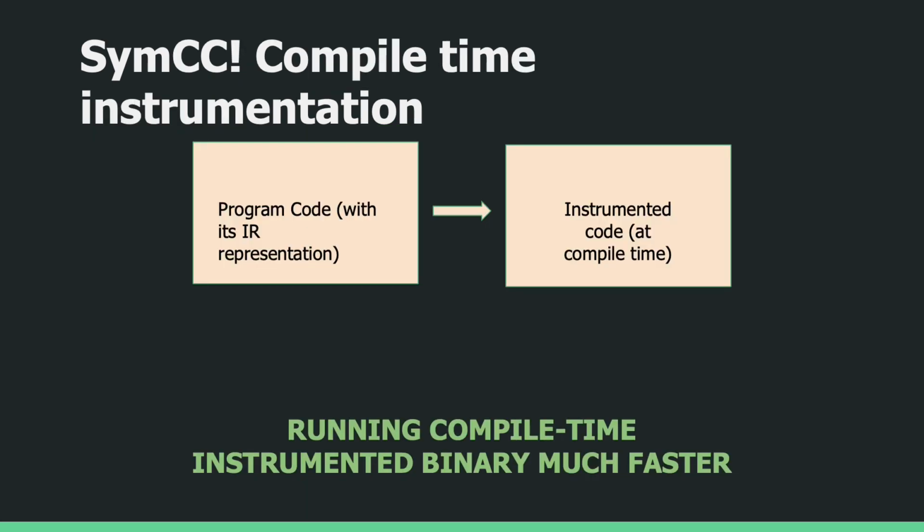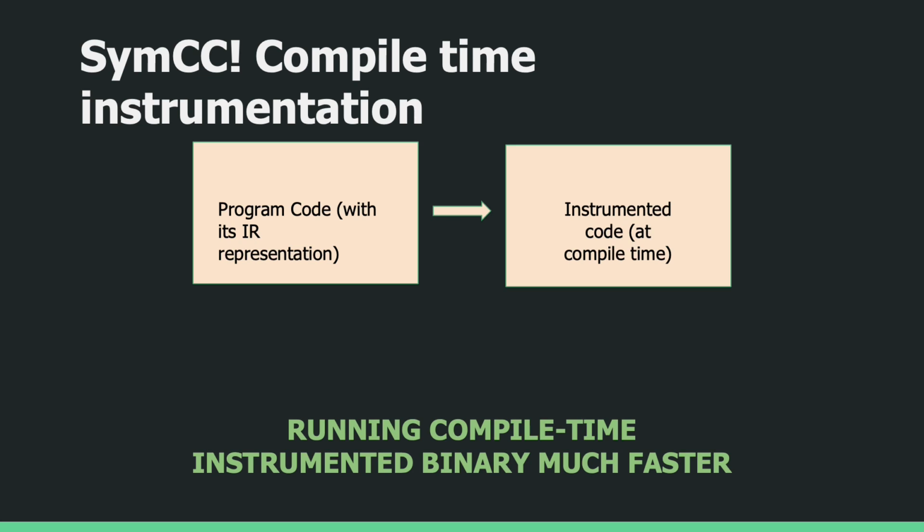So the first novel idea or first major idea of the SymCC paper, the SymCC tool, is that instead of doing all of these runtime instrumentations and runtime symbolic execution capabilities, why don't we do this at compile time? Because as we all know, doing things at compile time is much faster than doing it at runtime. So that's the approach that SymCC takes.